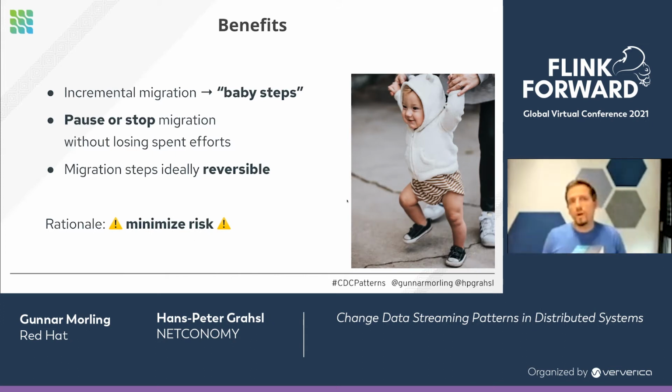Also, another important thing is that we have to do it in a way that both old and new can coexist. This means at any point in time, we could pause, or maybe we decide to even stop our migration efforts and want to live with a hybrid scenario where parts of the workload are served by microservices and parts are still served by the monolith. That's also a viable solution.